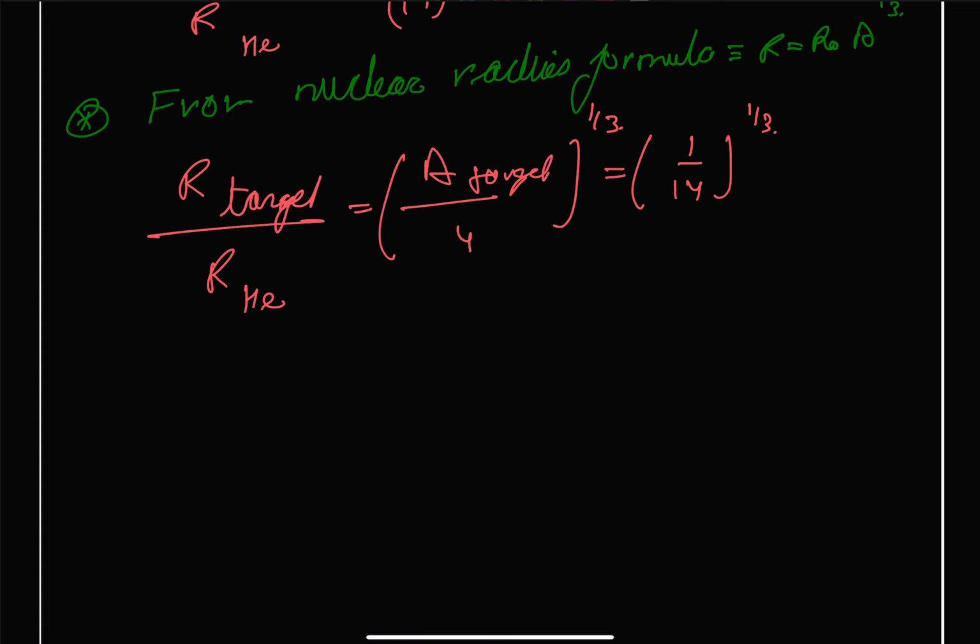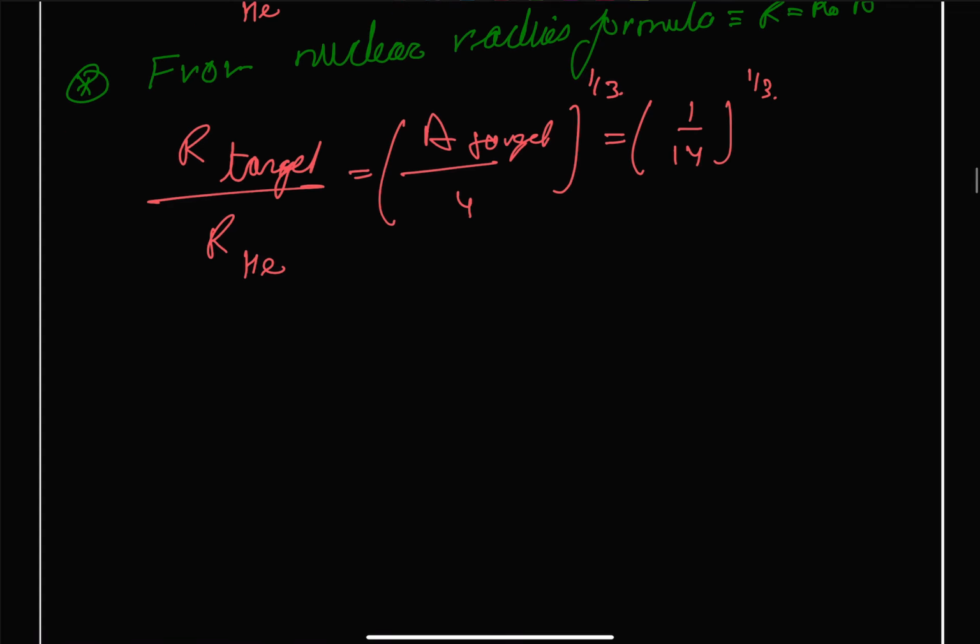From here we can say that A of the target divided by 4 is equal to 1 upon 14. This gives us that A of the target is equal to 4 upon 14, approximately 0.2857.